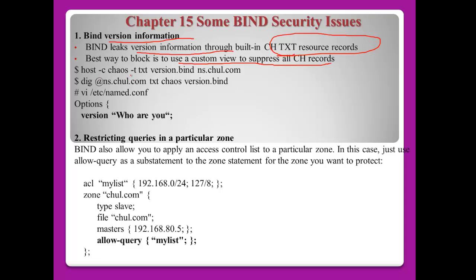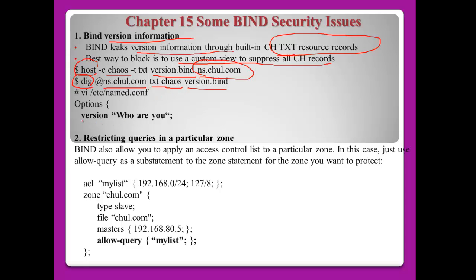For example, here, using host, see the chaos TXT version.bind of my name server, then this one will show the version information. If you want to use dig, then the name server and TXT chaos version.bind, then this one will show the exact version number.